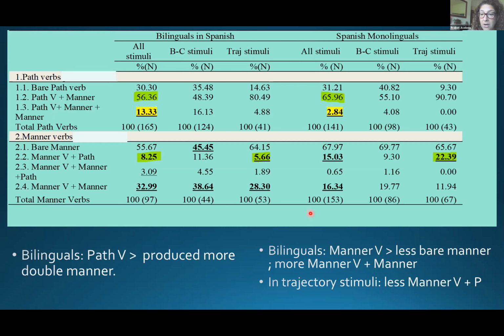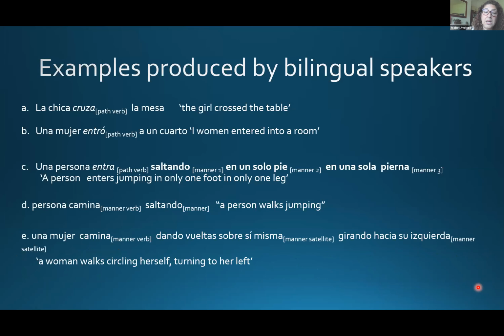And again, with manner verbs, we observe less verb manners, which is also something that we would expect in Spanish, and more double manners. And in trajectory stimuli, we observe less manner verbs with path. And I'm going to come to the examples.